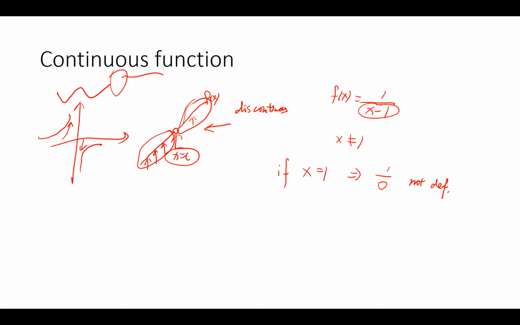If it's not defined, the value of this function does not exist, so f of 1 does not exist. So it is not continuous at this point because there's no value, because this is a math error. However, x can be any other points like 2, 3, -5, or others, and it is continuous. So this is what you have about continuous functions.